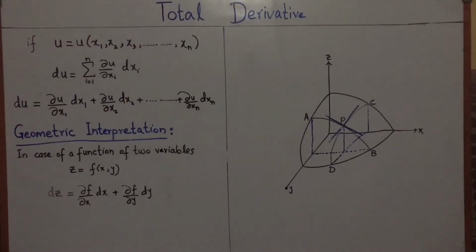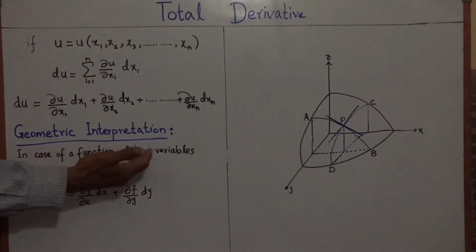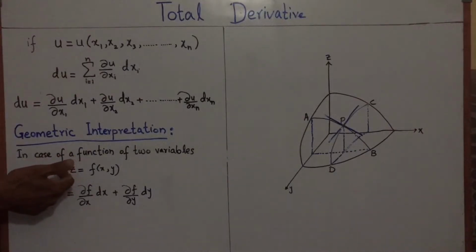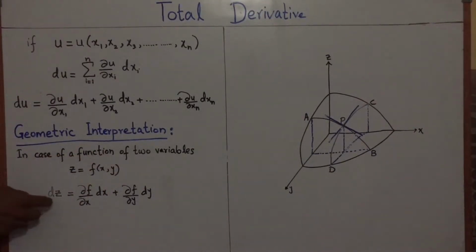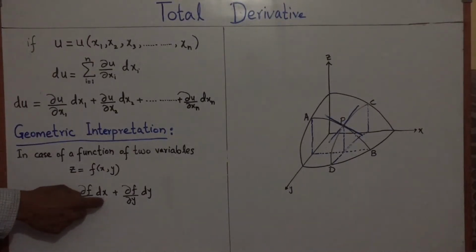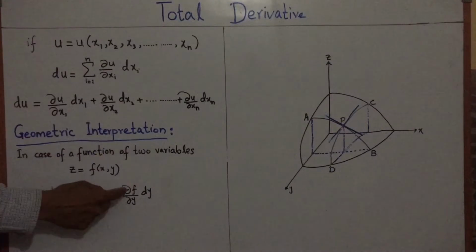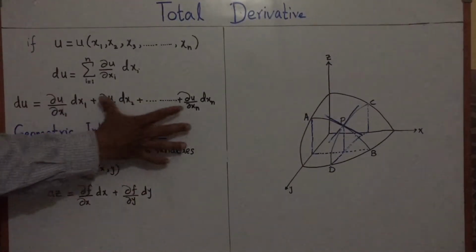So the geometrical interpretation, for example in the case of a function of two variables, z is a function of x and y. So the total derivative is equal to dou f over dou x dx plus dou f over dou y dy. Similarly here.